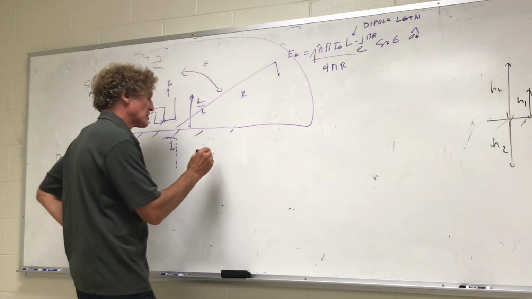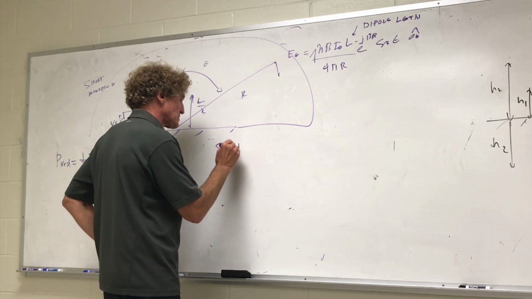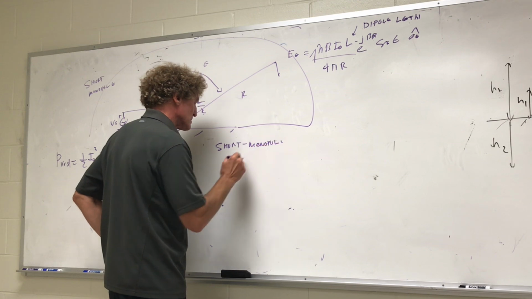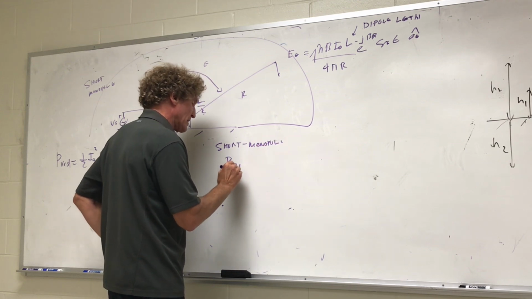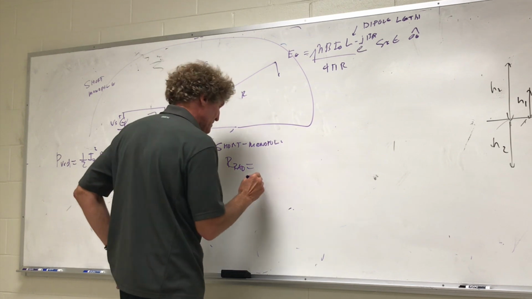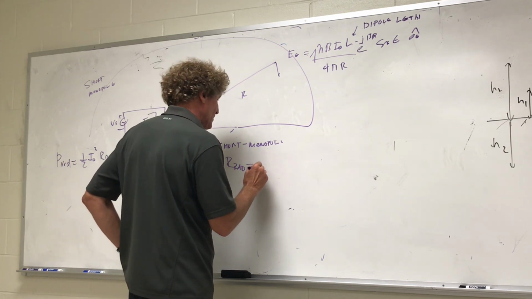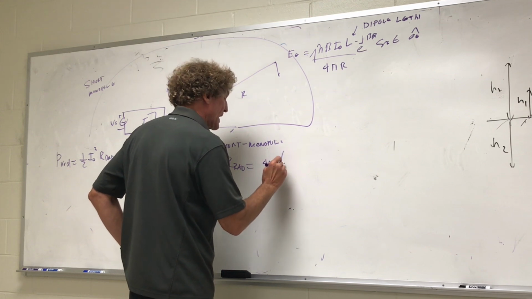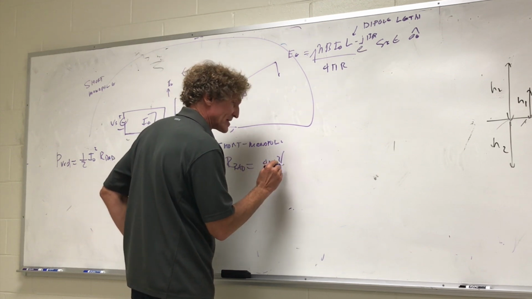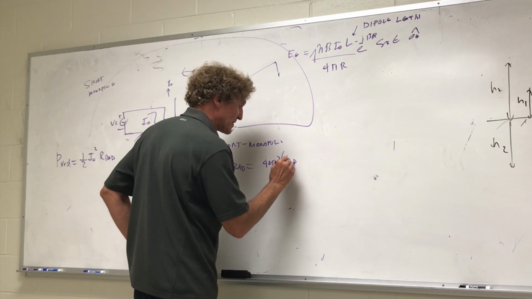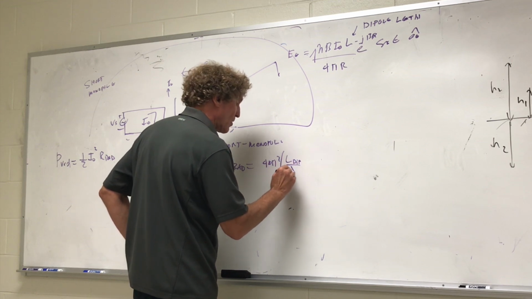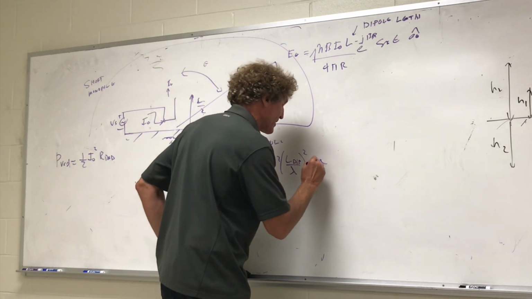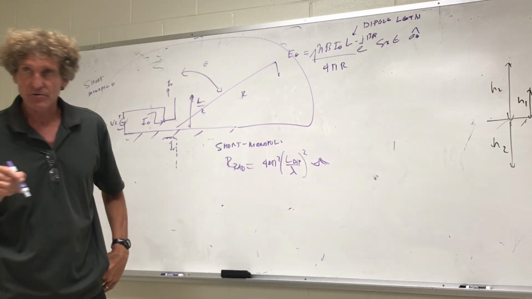So for a short monopole, R rad here will be equal to 40 pi squared, but this is going to be the dipole length. This is the thing you have to be careful about. This is L of a dipole, not monopole, over lambda squared ohms. So it's exactly half of the impedance of a short dipole.